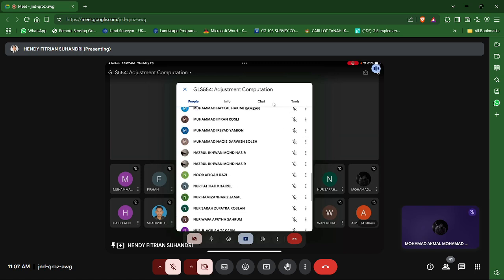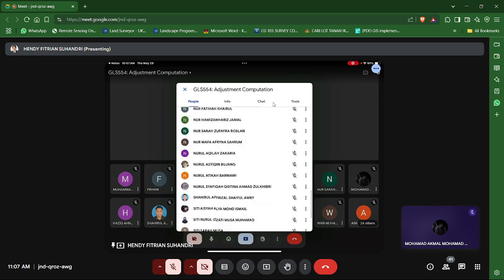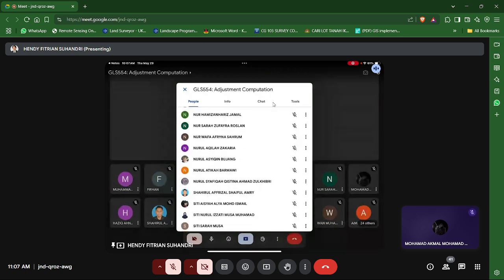Saya akan jawab nanti. Bagi jawapan dulu. Tak apa. Salah tak apa, betul tak apa. Janji berani. Syahirul Afrizal. Jawab. Dependent. Kemudian?